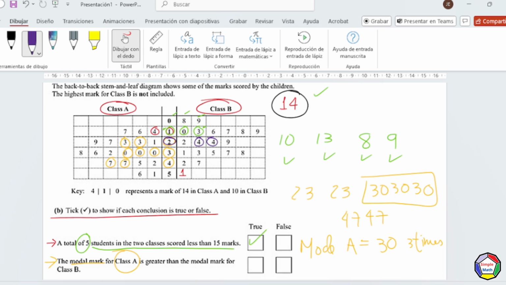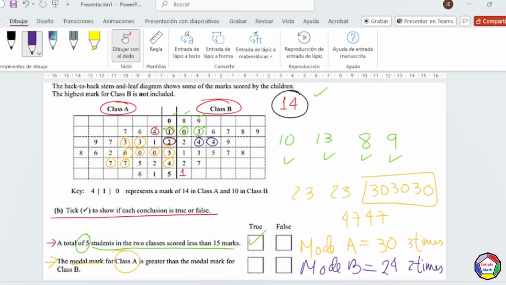Well, 22 is 1. No, it's just 24. So the mode in class B is the number 24, and the number 24 is 2 times.